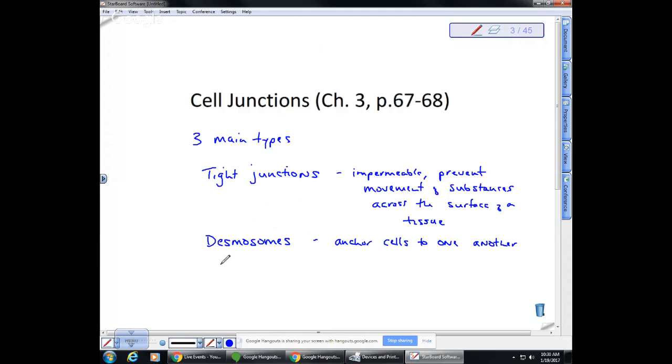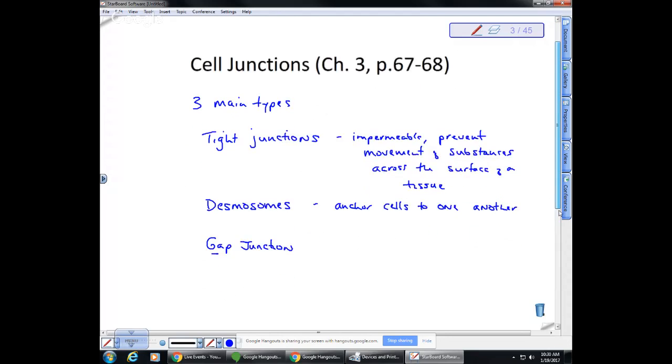Another type of cell junction is called a gap junction. And like its name, it means that there's actually holes or gaps between cells.